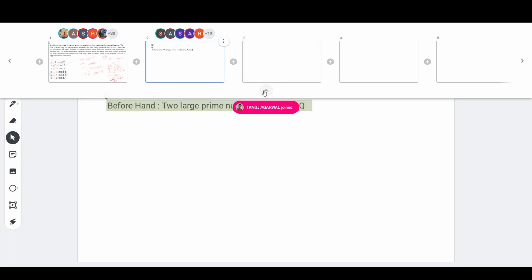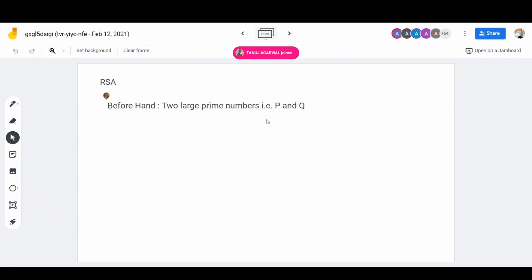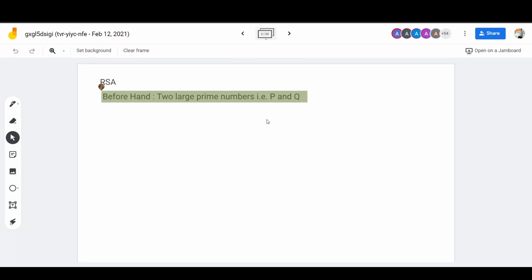That means before you run this particular algorithm, you require to generate these two. That's why we discussed the Miller-Rabin algorithm. The Miller-Rabin algorithm is useful to find large prime numbers.